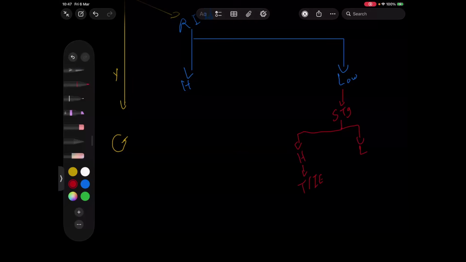Again, this point is very important. If your radioactive iodine uptake is low, you suspect thyroiditis, but sometimes they ask you about something else. They ask you, what is the best next step?